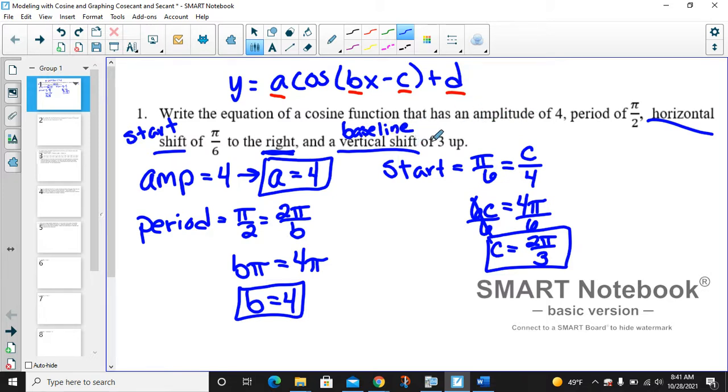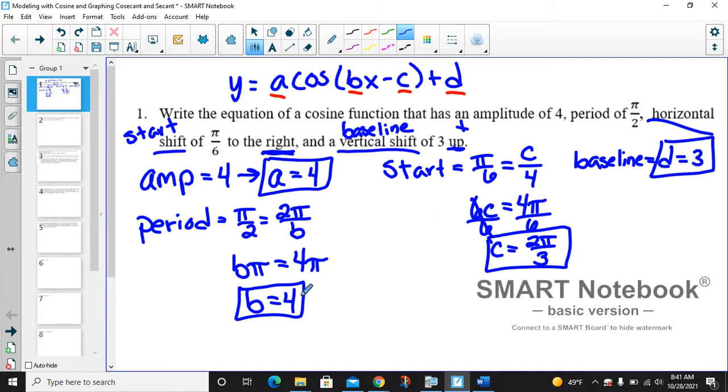And of course, 3 up means that this is just a positive. So here we're going to say that our baseline is equal to d, and we know that here it's just positive 3. So d is equal to 3.